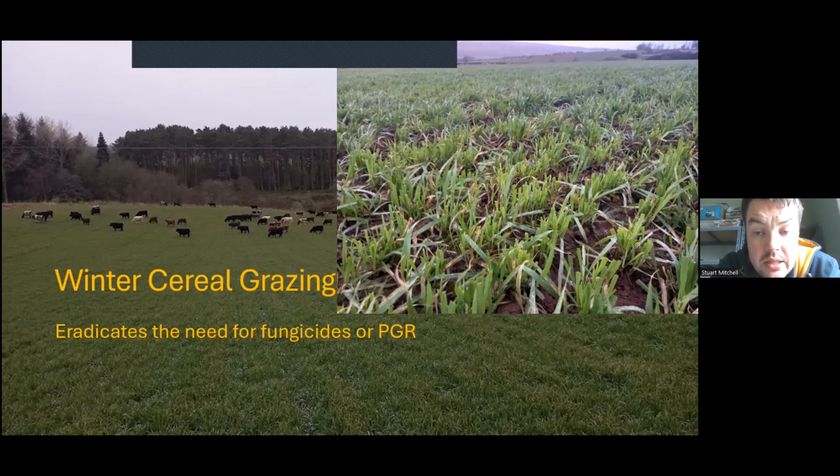It can be quite bad in our area, and it can make the combine brown when it's all piling off the crops. But there was not a single bit of rust that we found on the cereals that had been grazed. There's a bit of dung goes in there as well, which can help, but it's not a great deal.